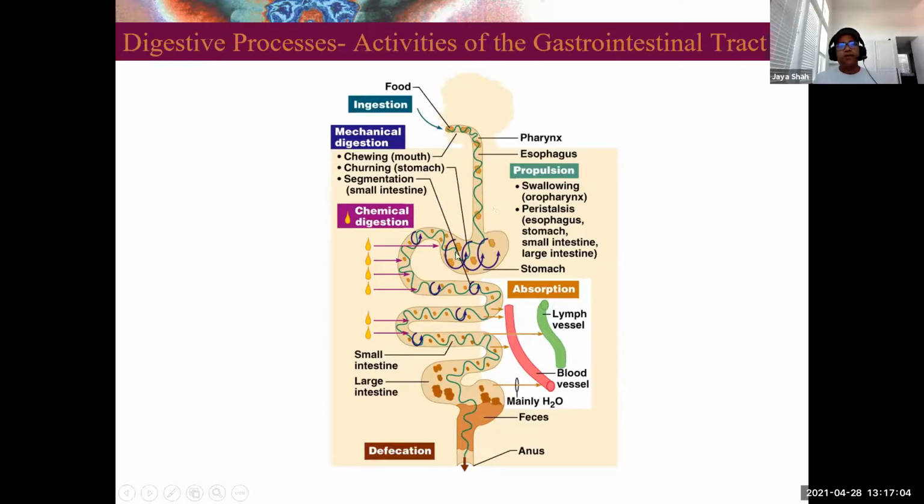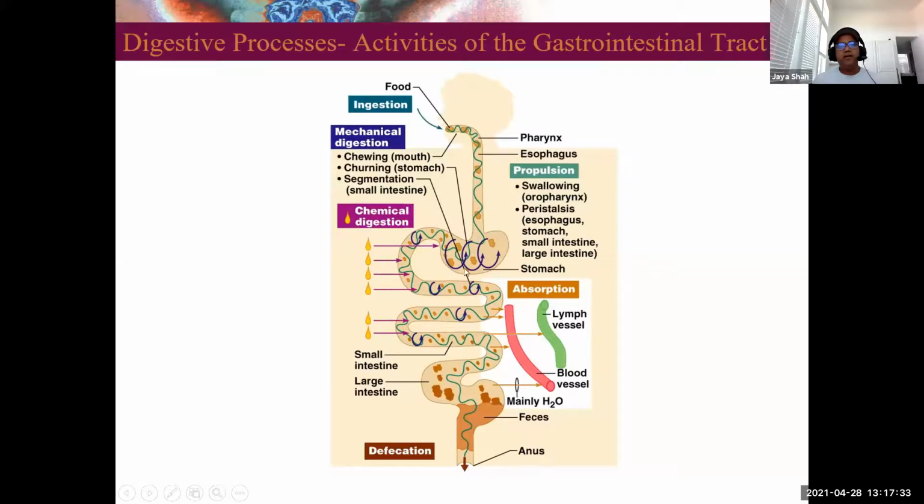But from the mouth to the small intestine, there is breakdown of food particles into smaller subunits with the help of enzymes, and that is called chemical digestion. So in the mouth, what is the chemical digestion, by the way? Salivary amylase. Very good. Salivary amylase digests the starch.